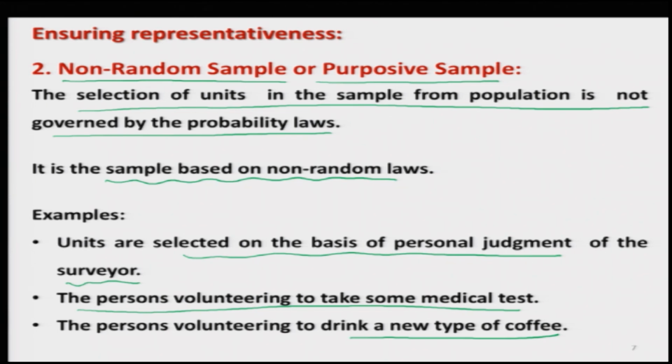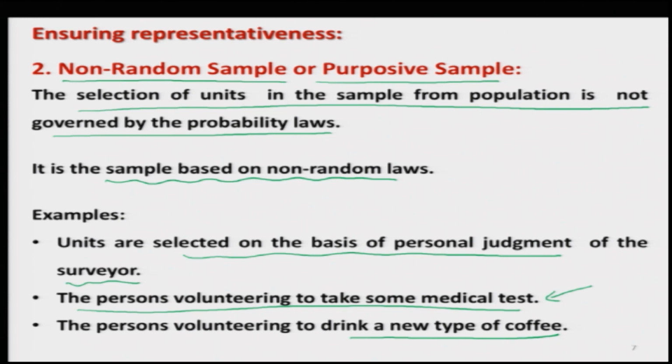The random sample in these cases would be something like, in the medical test, selecting some patients by chance using the laws of probability. Suppose there are 100 patients and they select patient numbers 1, 10 and 15. Those patients have to be given the medical test without any exception, and their choice has been made by the laws of probability. Whereas in the non-random sample, the person first has to say yes, I wish to participate.